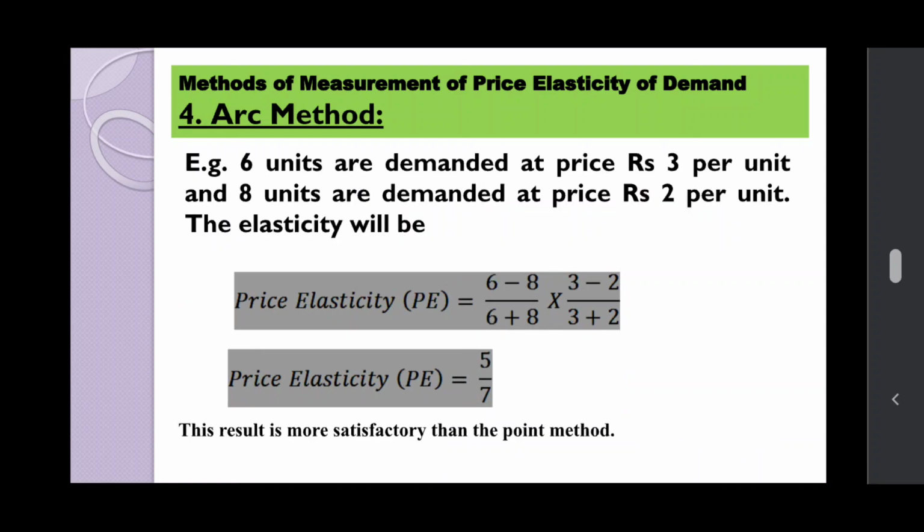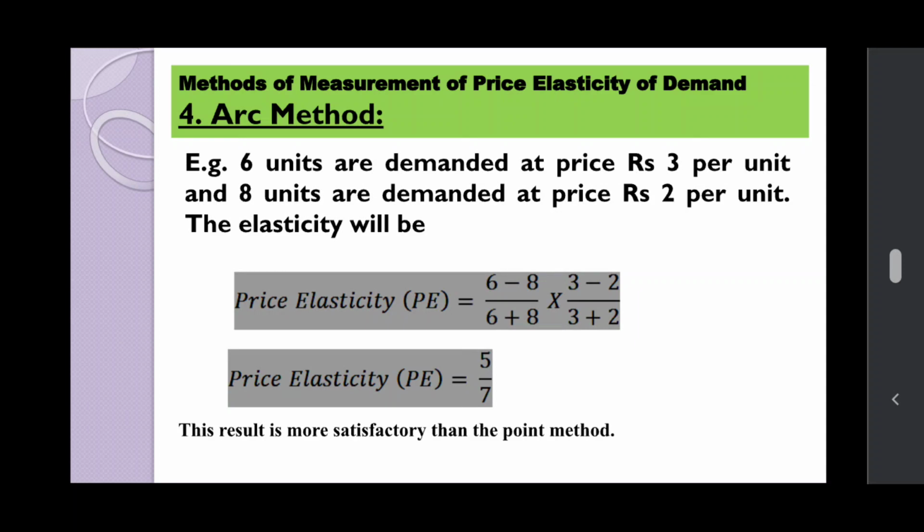Let's understand arc method with the help of an example. 6 units are demanded at price rupees 3 per unit and 8 units are demanded at price rupees 2 per unit. We can calculate the elasticity by using the formula. Here two quantities are 6 and 8 units and two prices are rupees 2 and rupees 3.